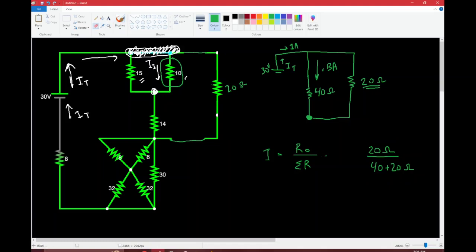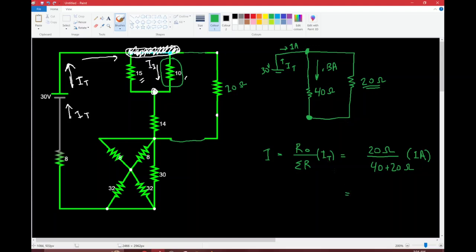So let's erase that. I usually do this without memorizing the formula, so that's why it's kind of like this. So okay, the total current coming into this parallel circuit is 1 amp.